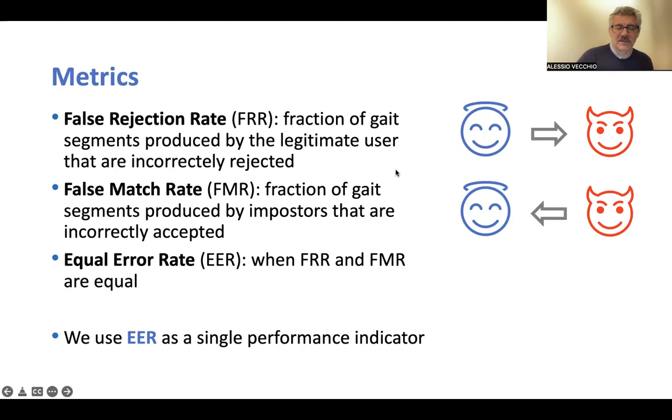And the other one is the false match rate, that is, an impostor is using the device, but is incorrectly recognized as the legitimate user. Okay, this is a false match. To have a single performance indicator for the authentication procedure, we use the equal error rate. That is when the false rejection rate is equal to the false match rate.